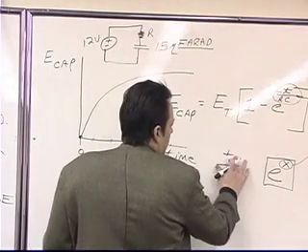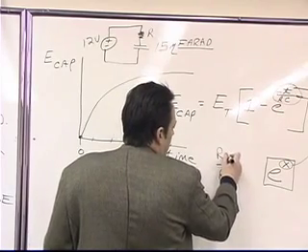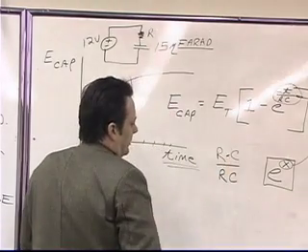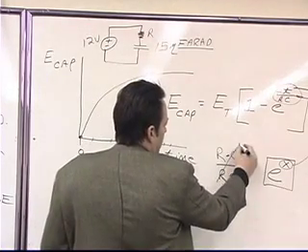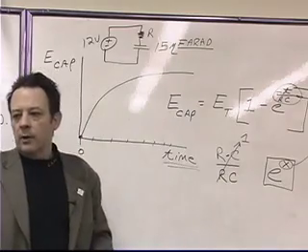So in other words, if we were to substitute for the time the resistance times the capacitance, then wouldn't it be true that that would simplify into a 1? Because anything over itself is 1.